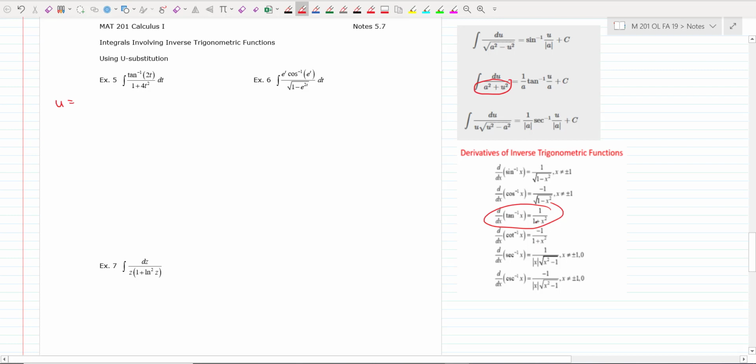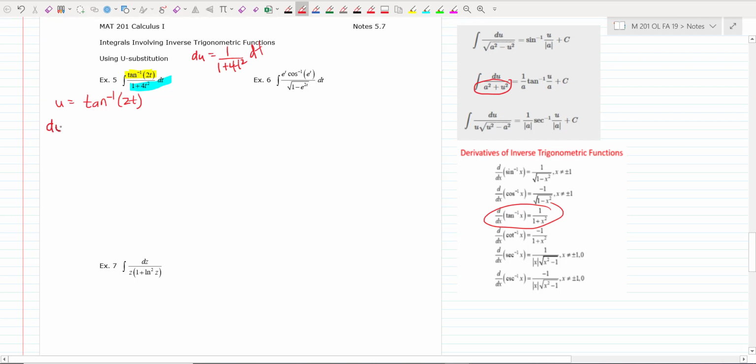Okay, so we got to do a U sub on here. The correct way to do that is to let U be the inverse tangent of 2t. That whole entire numerator we want to have, and then it would be nice if du just turned out to be 1 over 1 plus 4t squared dt, or something real close.